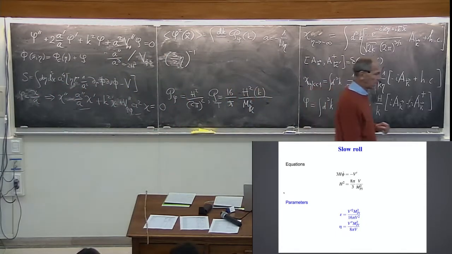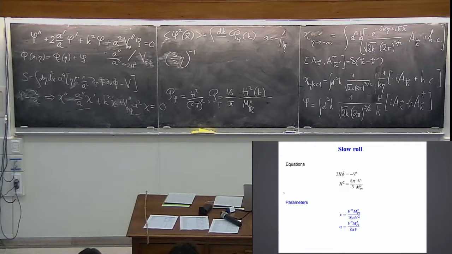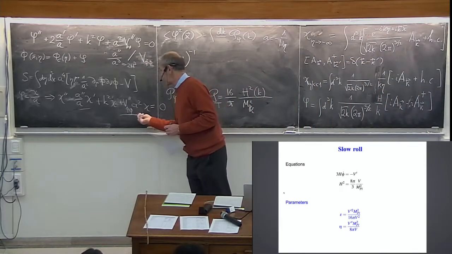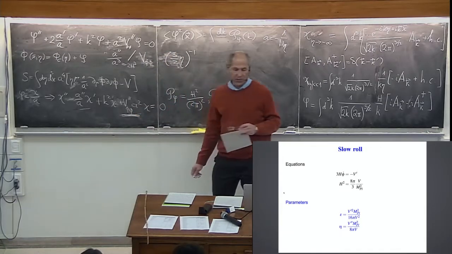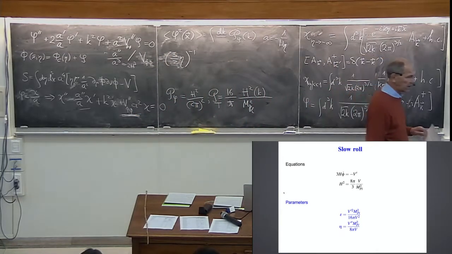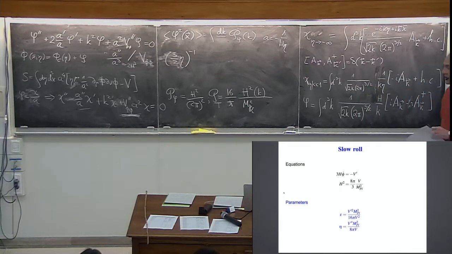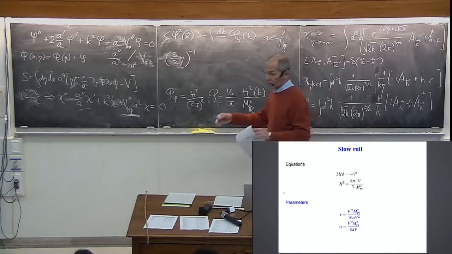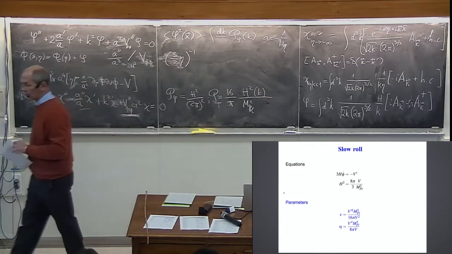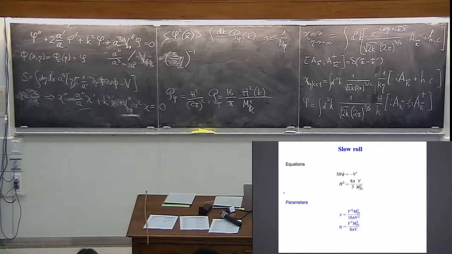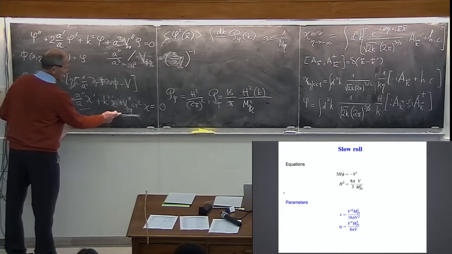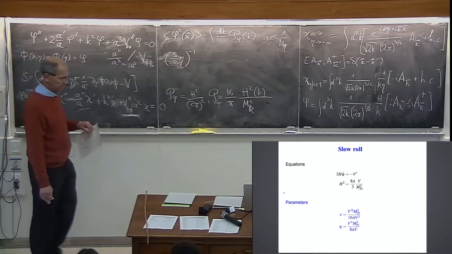So this term here is dominant compared to this term by the slow roll parameter. So if you work to the leading order in slow roll, you can forget about the inflaton potential once you are calculating the perturbations of the inflaton. If you want to go better, if you want to calculate, for example, first order or second order corrections in slow roll parameters, then of course you have to remember that there is this term here as well.